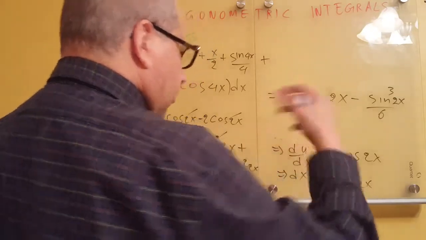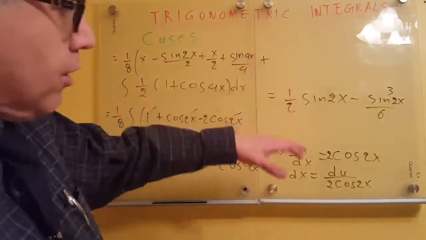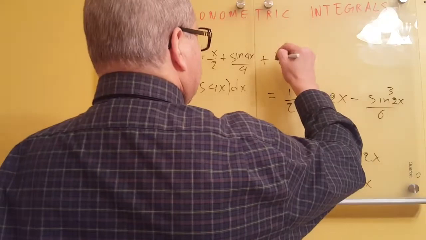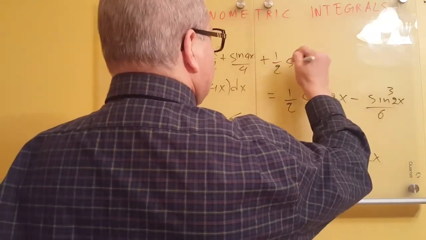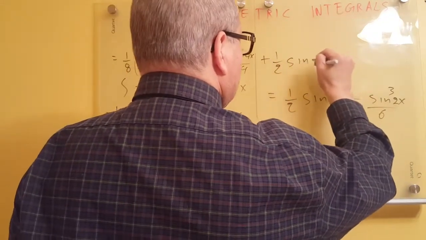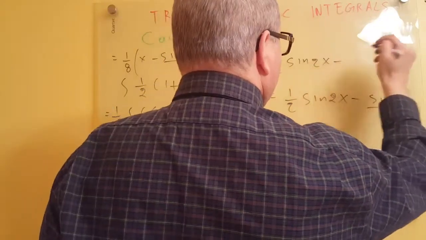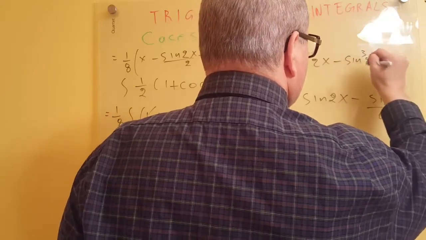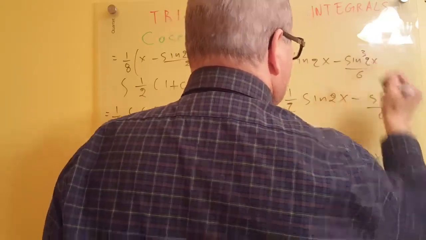So we said the integral of cos to the third of 2x, we said the integral of this is equal with this. So we just go and we substitute it. And that should be it. Sine to the third 2x over 6.